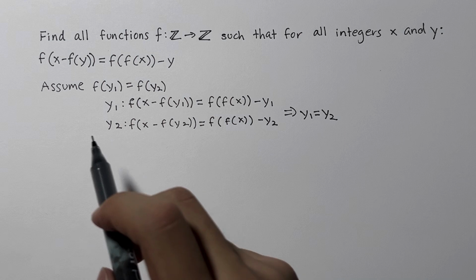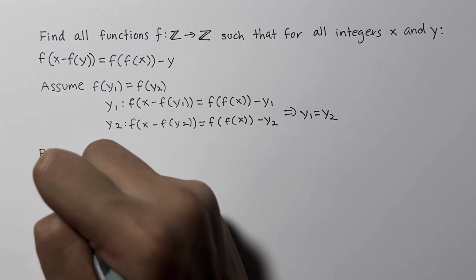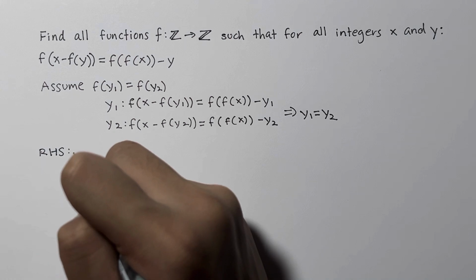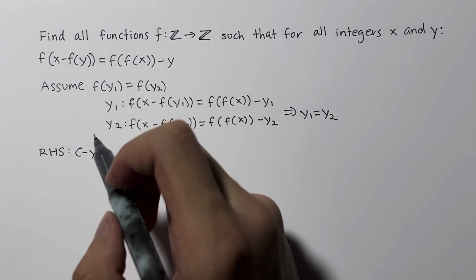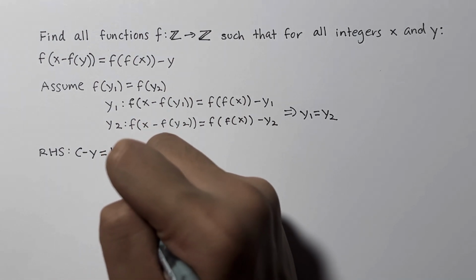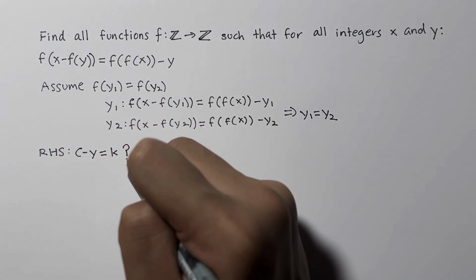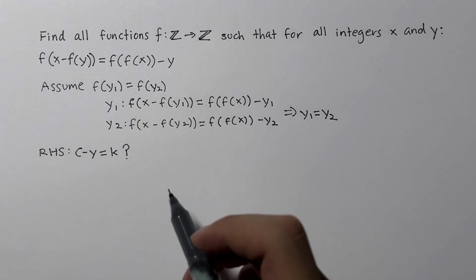So, the equation's right side becomes c minus y. Now the question is, can we make c minus y equal to k? Well, yes. We can just choose y equals c minus k. Since c and k are integers, y will also be an integer.